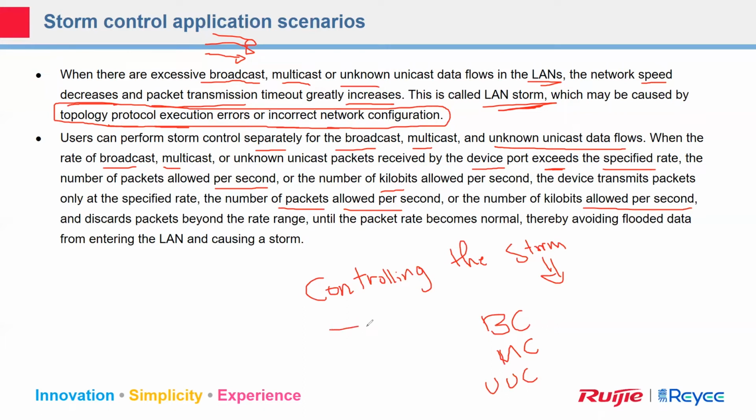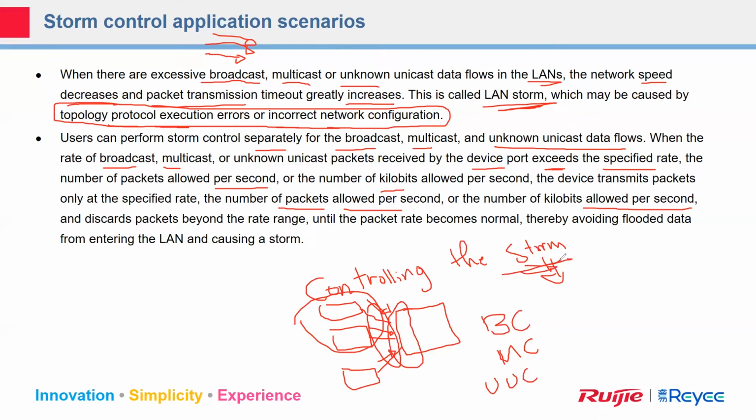So maybe some devices connected to our switch are sending a lot of unicast or even broadcast or multicast. At this level, there should be something called a storm on the switch itself.